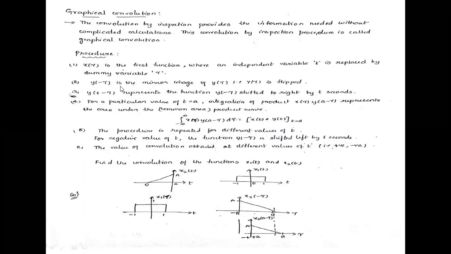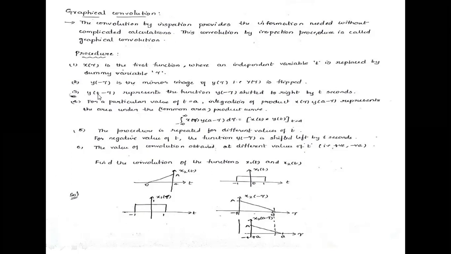The second point is y of minus tau is a mirror image of y of tau, that is, y of tau is flipped, nothing but the folded function. And third, y of t minus tau represents the function y of minus tau shifted to the right by t seconds.